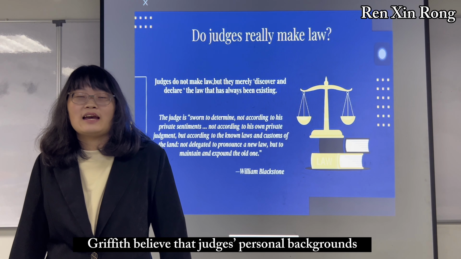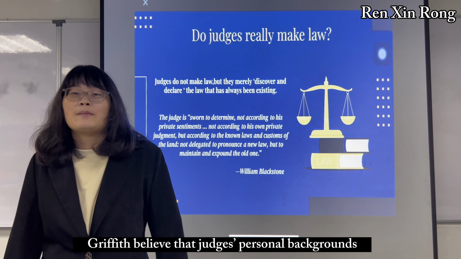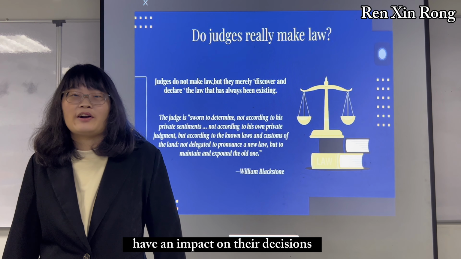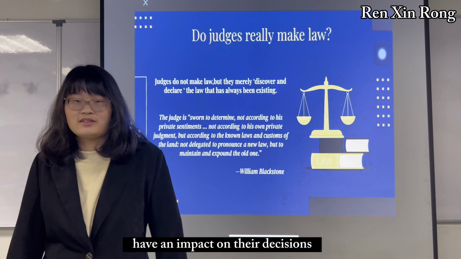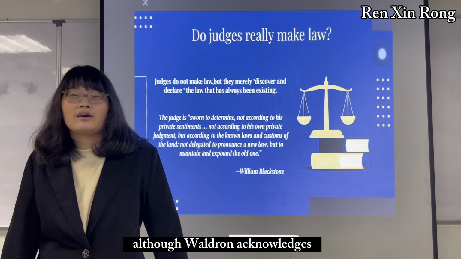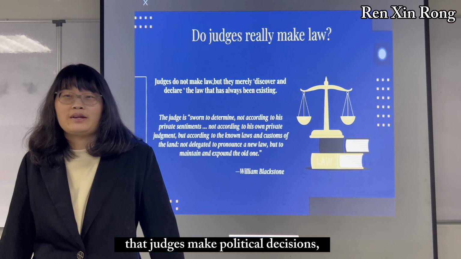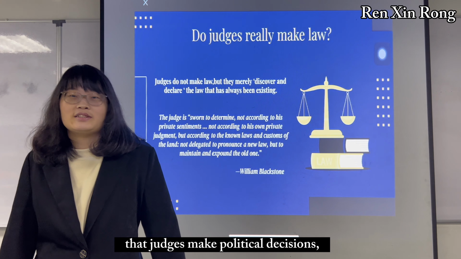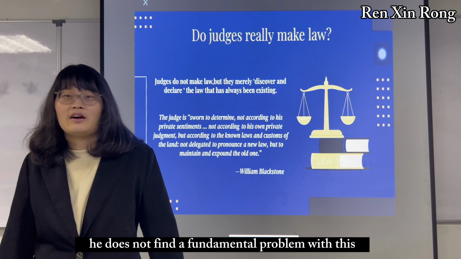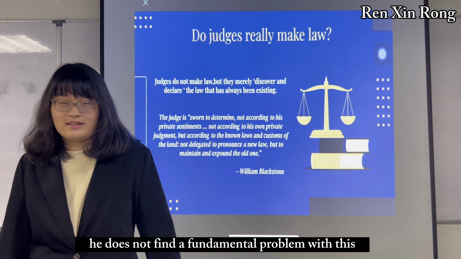Others believe that judges' personal backgrounds have an impact on their decisions. Although Warren acknowledges that the judge makes a political decision, he doesn't find a fundamental problem with this.